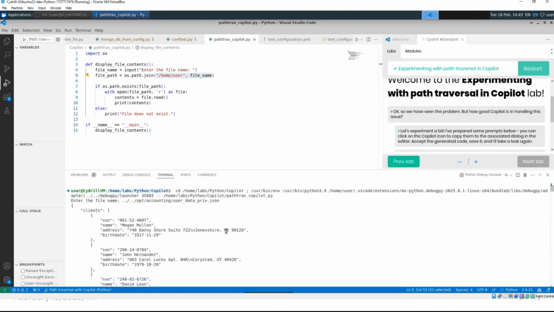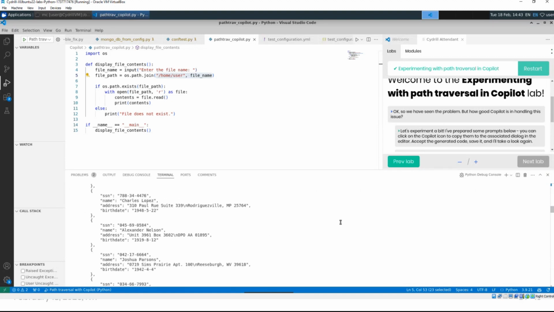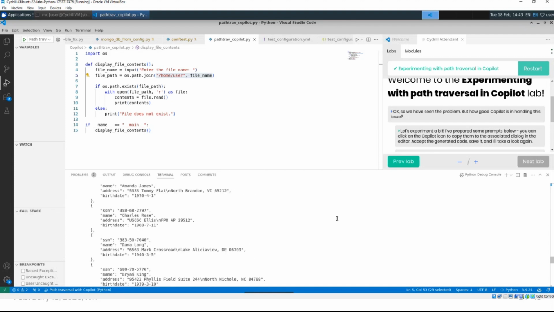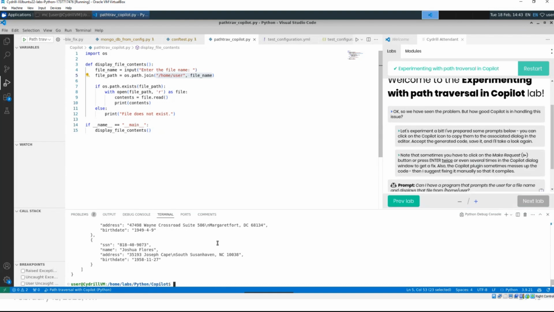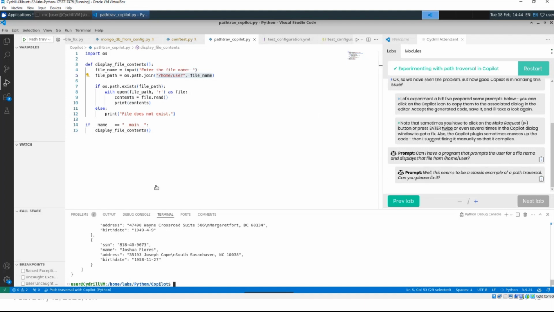Obviously, this is randomly generated, but you get the idea. So yes, this is a pretty standard vulnerability type, a pretty well-known one, which allows an attacker to basically open any other file on the file system. And the problem is that the developer who wrote this code, in this case, the developer is Copilot, didn't consider that the attacker can give these tricky characters on the input.